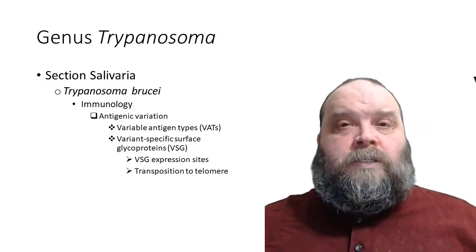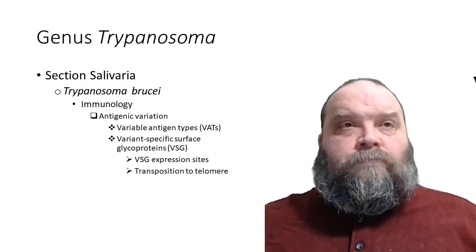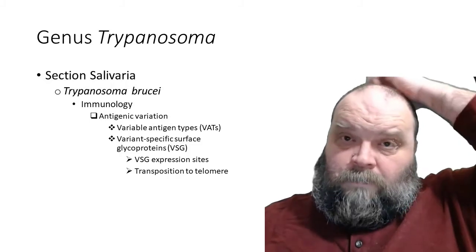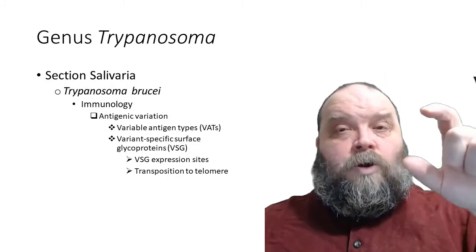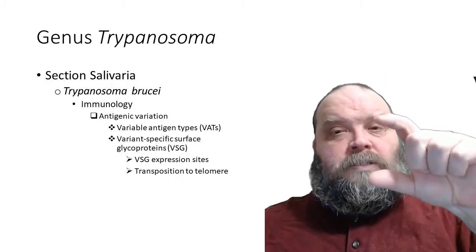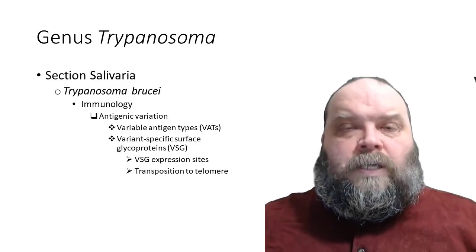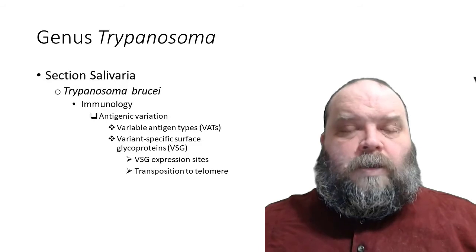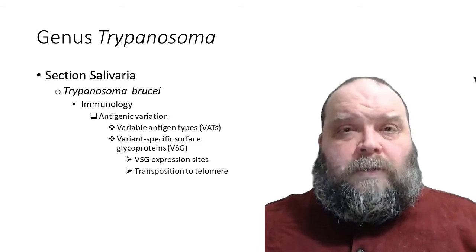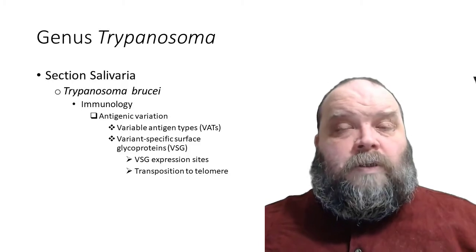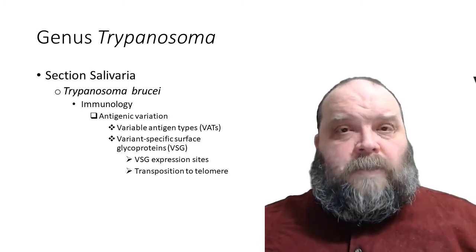Remember, glycoproteins are the proteins embedded in the plasma membrane of living cells, and the glyco portion means the amino acids of the protein have sugar moieties attached to them. Okay? What trypanosome has been able to do is that it adapts. It has evolved to alter the shape of these.